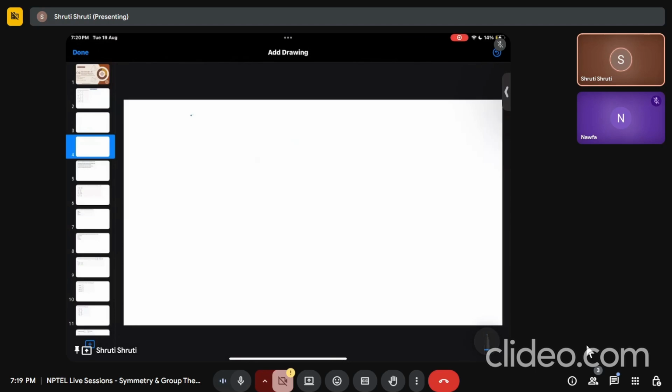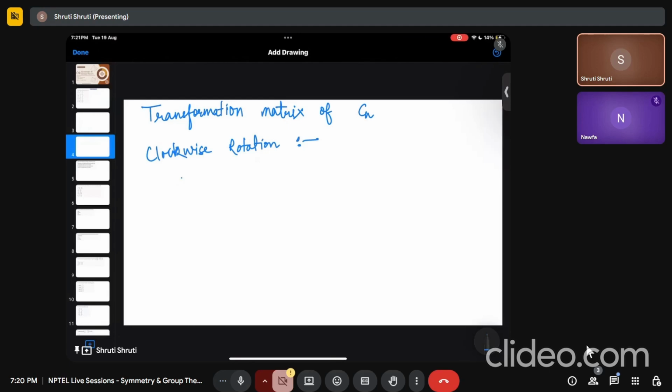Last class we were discussing the transformation matrix of rotation, like Cn by any degree.